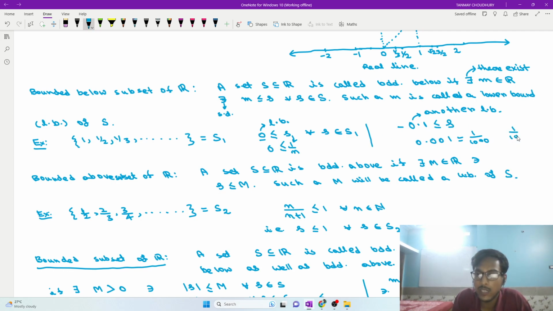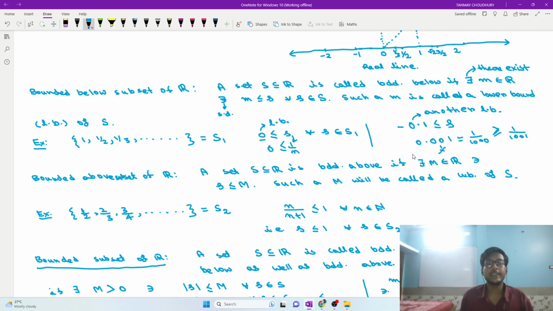Here 1 upon 1000 is greater than or equal to 1 upon 1000 on. So this phase 2 works as a lower bound, right?